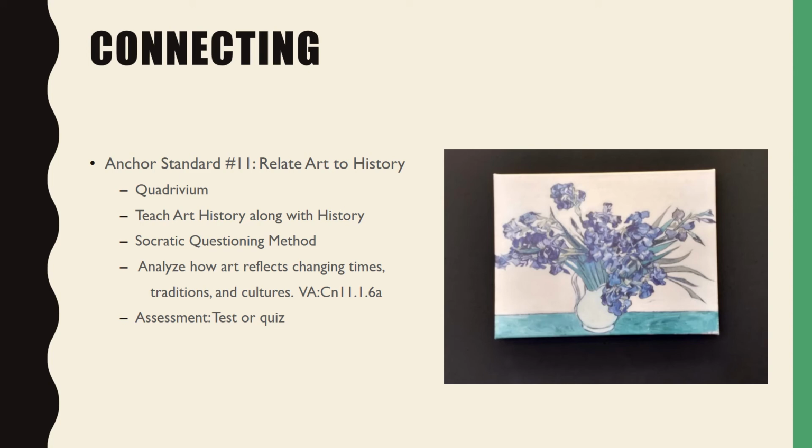To teach art history, one of my favorite things to use is a very classical method indeed, which is the Socratic questioning method. This basically just means asking the students very intentionally formed questions in order to get at some truth. So if I was to show this painting, Van Gogh's Irises, if I had already covered some sort of realistic genre painting that came before this in history, I might ask the students, what are some things that are important to realist painters?